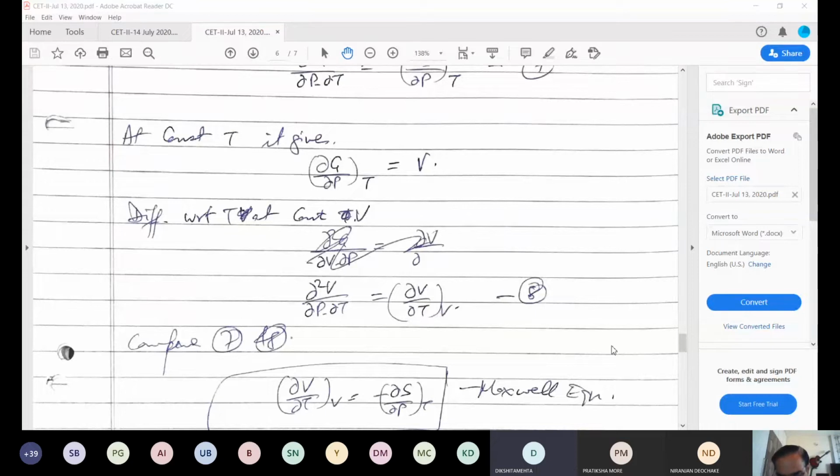Yes, sir, this should be delta V by delta T at constant pressure. Yeah, that should be constant.